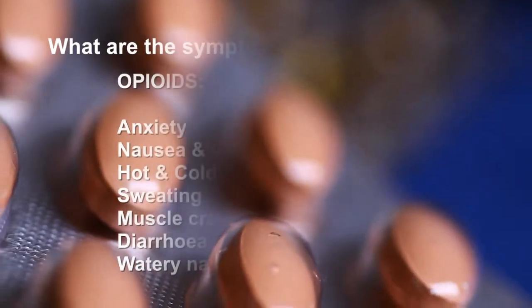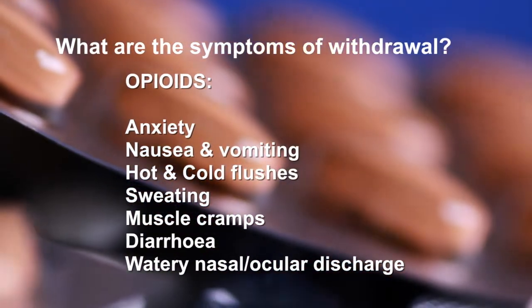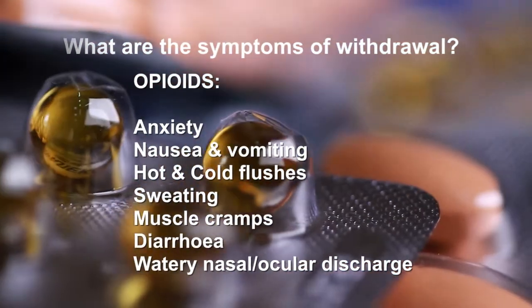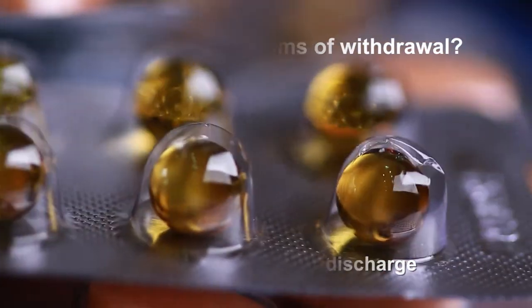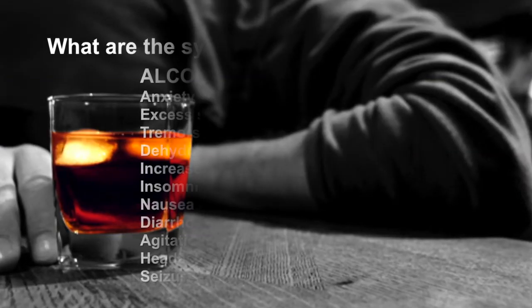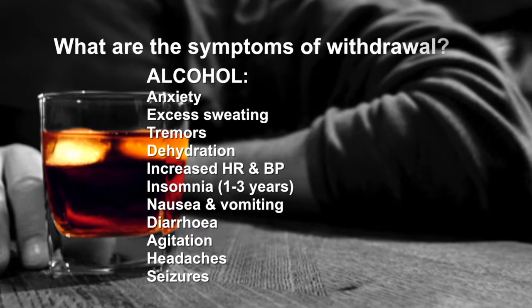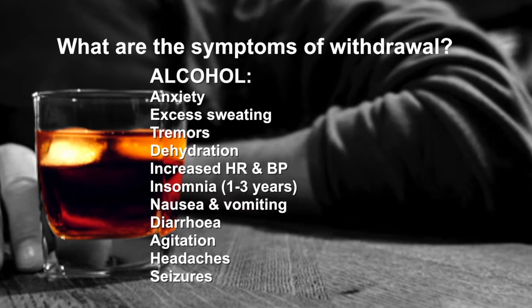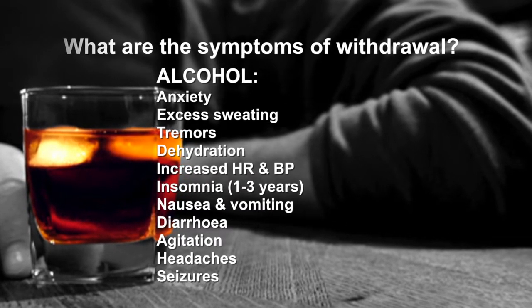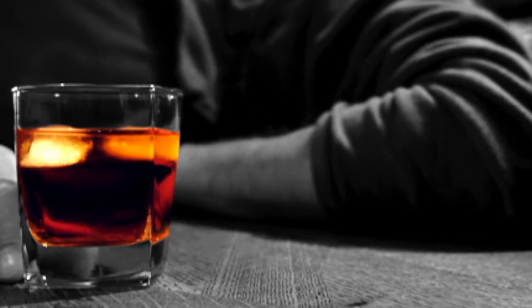The opioids, withdrawal is typically associated with anxiety, nausea and vomiting, hot and cold flushes, sweating, muscle cramps, diarrhea, and nasal discharge. Alcohol withdrawal is associated with anxiety, excessive sweating, tremors, dehydration, a racing heart, insomnia, nausea and vomiting, diarrhea, agitation, headaches and potentially seizures.